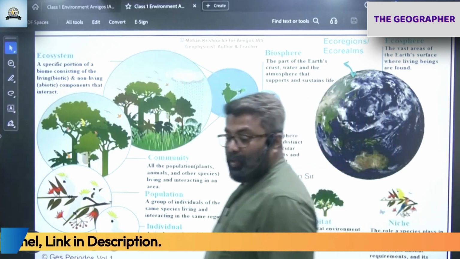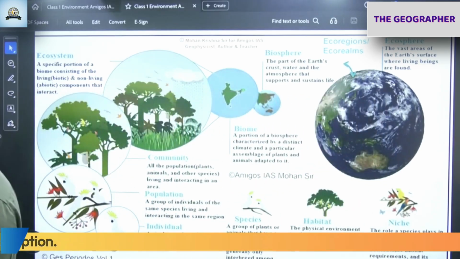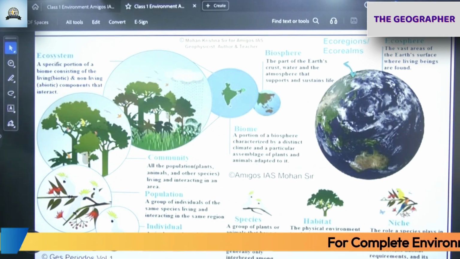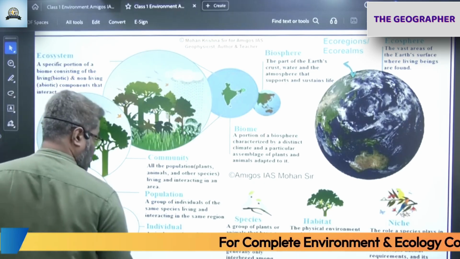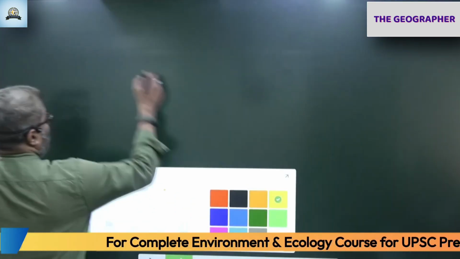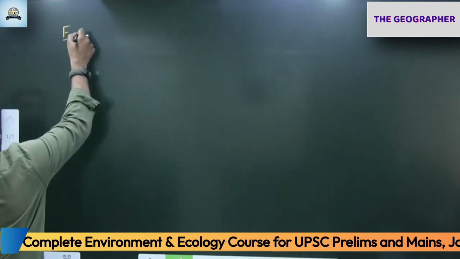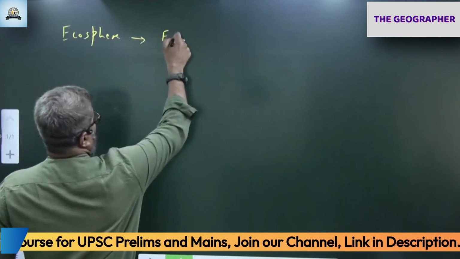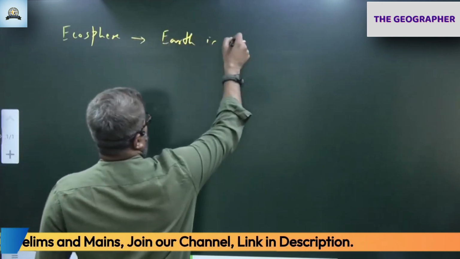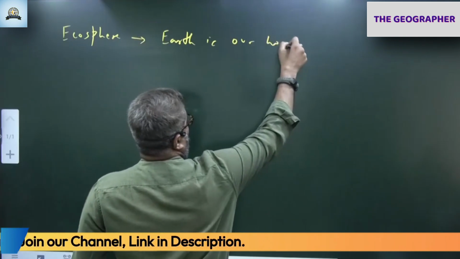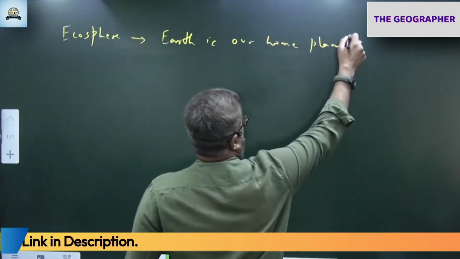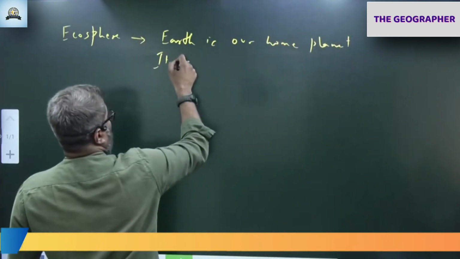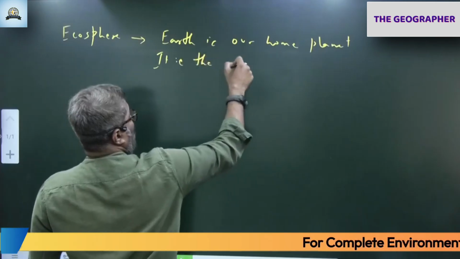In that, right? Earth is a Goldilocks planet. I'm going to explain one by one here. I'm also going to write now. Earth is our home planet. It is the Goldilocks planet.